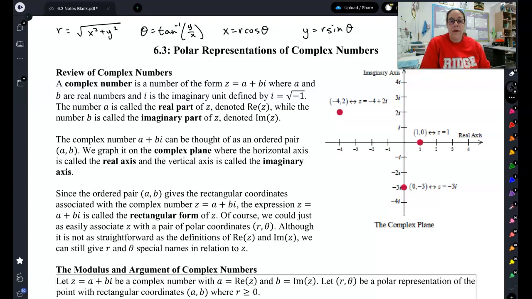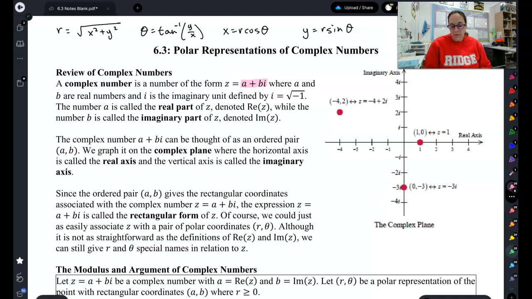Today, we're going to do a very similar process, but we're going to do this with imaginary or complex points. So, quick reminder, complex points are anything written as a plus bi, and they're graphed as the real comma the imaginary part.